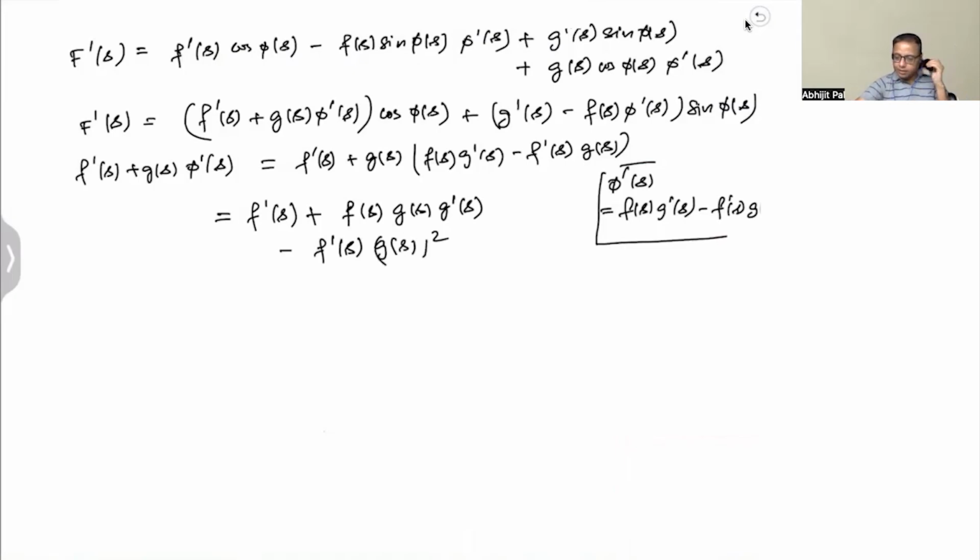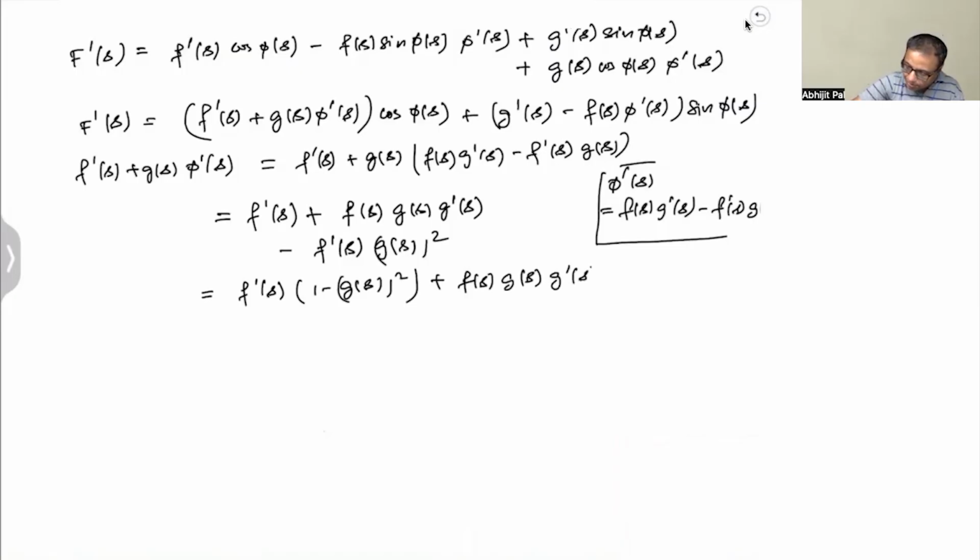So we'll get this thing. And so this is again equal to f prime s times 1 minus g square plus f s g s times g prime s.